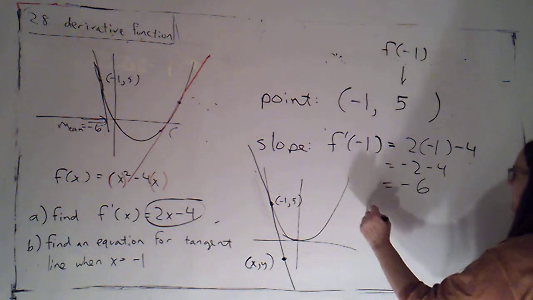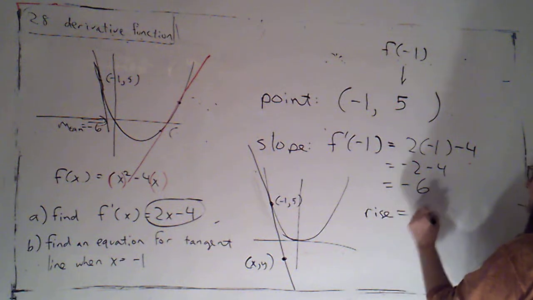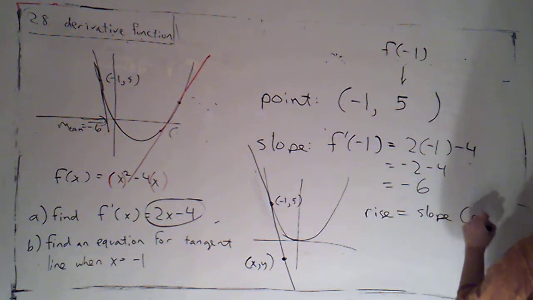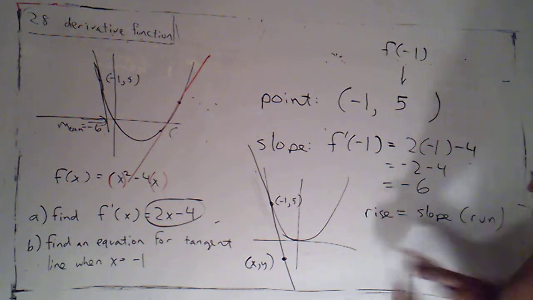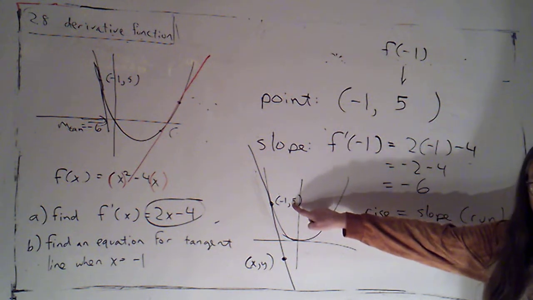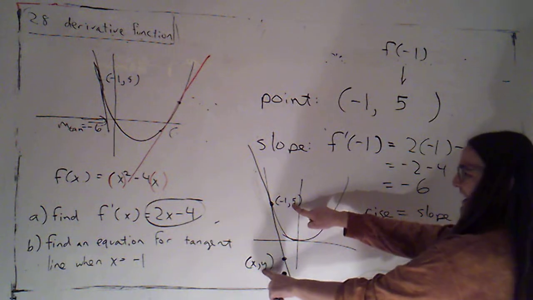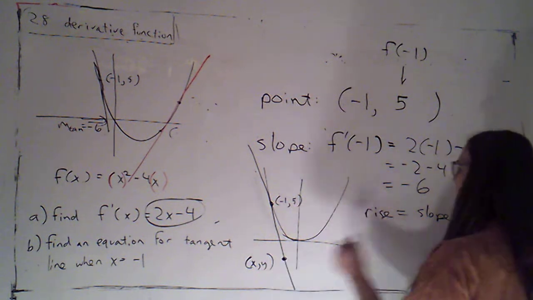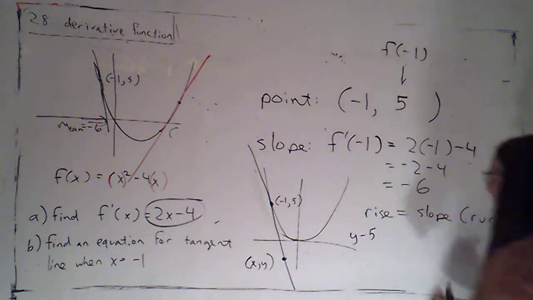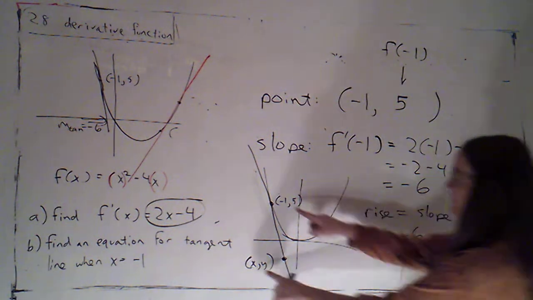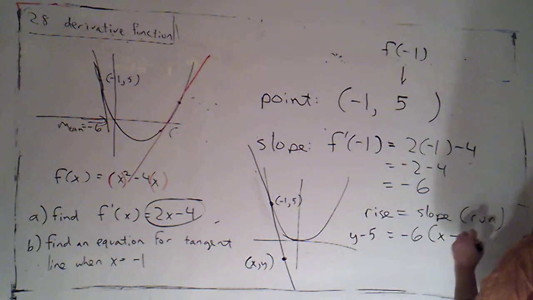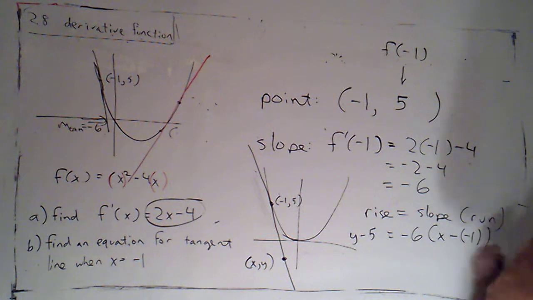And I like to think of it as it's just rise is equal to slope times run, where I'm going to calculate the rise and the run using my specific point, which was the point of tangency, and my arbitrary point. So the rise would just be y minus 5. The slope we calculated is negative 6. And the run is x minus a negative 1.